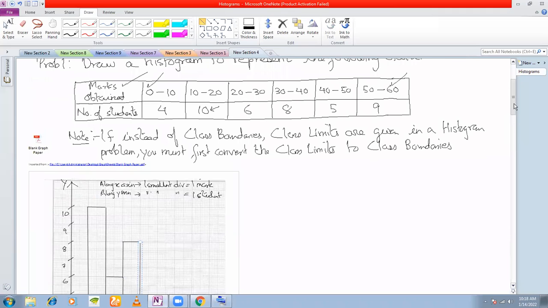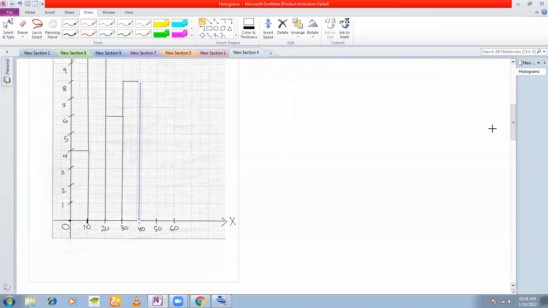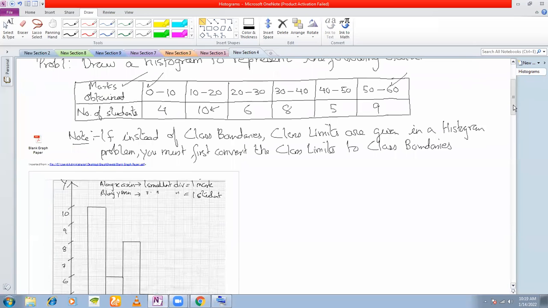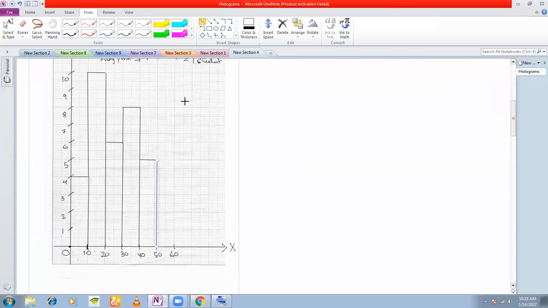Next, 40 to 50 is 5. Again from here, this is the rectangle for 40 to 50. And finally, you have 50 to 60 as 9. You draw a line from 50 to 60 and you join this rectangle. That completes your histogram.